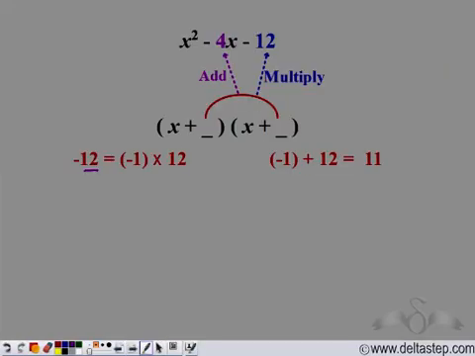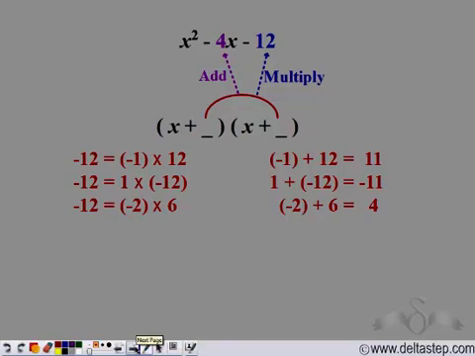So negative 12 could be written as negative 1 into 12. Negative 1 plus 12 gives us 11, which is not equal to negative 4. So let us consider the second possibility. It is 1 into negative 12.